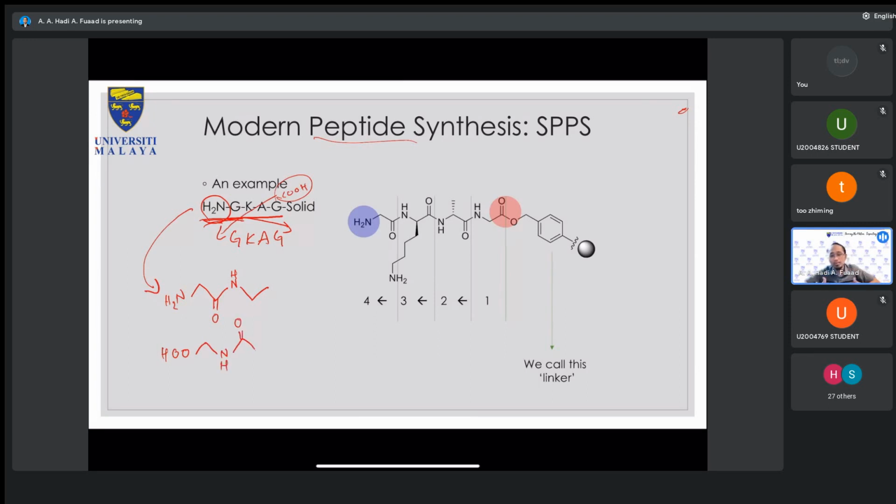Okay, so does it matter? Yes, because we've looked at secondary structures, and we've looked at how the amide bond, in terms of alpha helix and beta sheet, is very critical to form hydrogen bonding between two parallel sheets, for example, for beta sheet, or between 3.6 amino acids per turn for alpha helix.